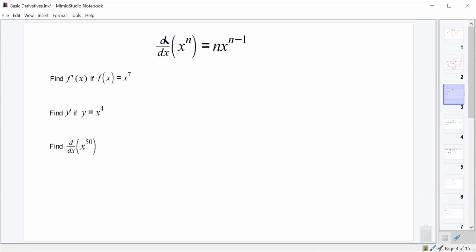So the derivative with respect to x of x to the n equals n times x to the n minus 1. That's how this would be read out loud. And that's the notation for the derivative of something with respect to x. And like I said, with respect to x just means that the variable in here is x. So far good with the notation there and what that means?